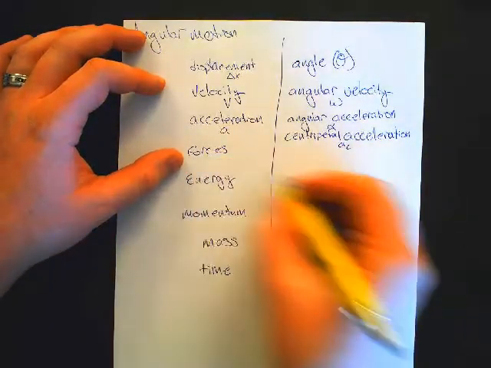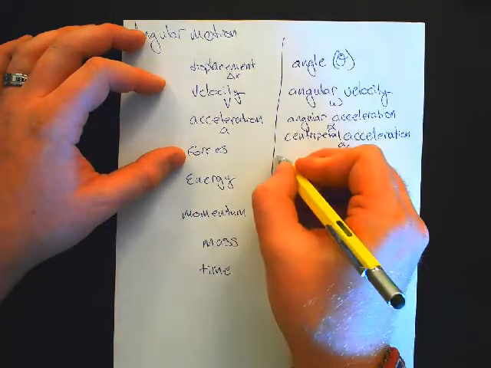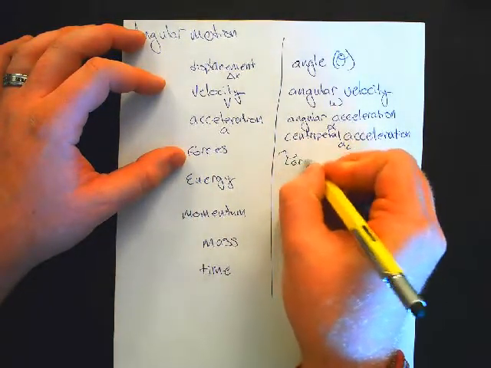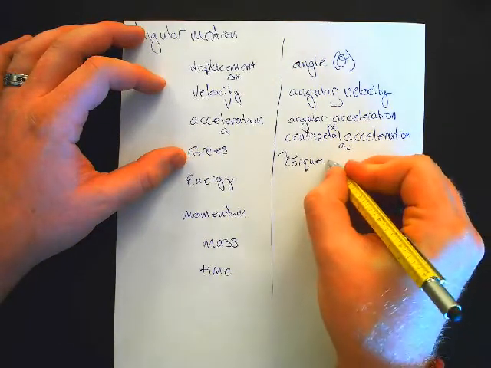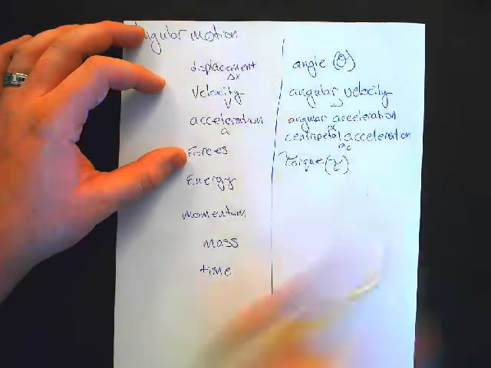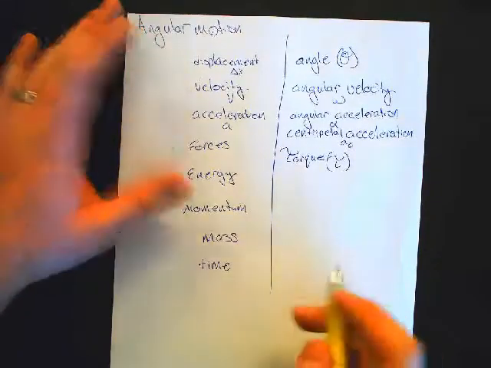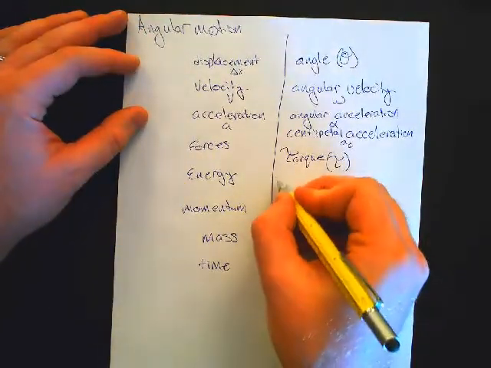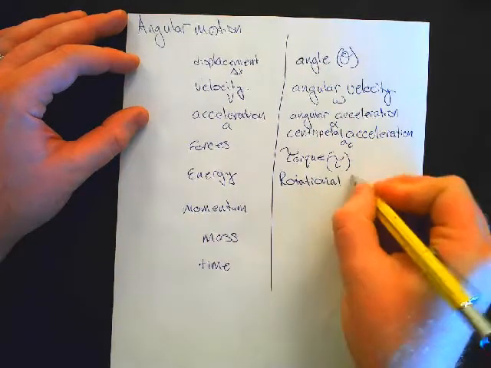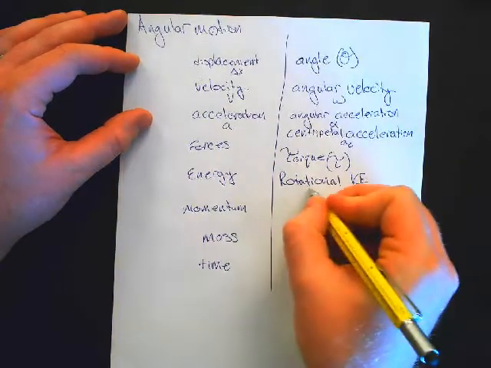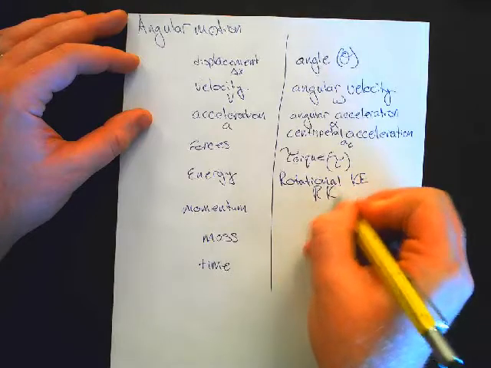We're going to talk about torque in place of forces. I have a bad habit of writing torque with a Greek T because its symbol is tau. We are specifically going to be looking at rotational kinetic energy, which has a nice easy symbol of RKE.